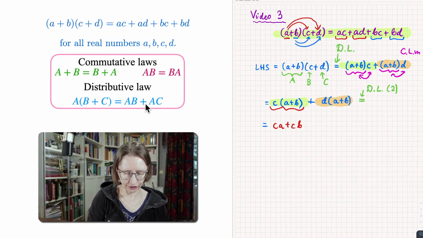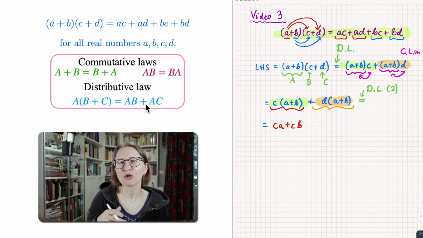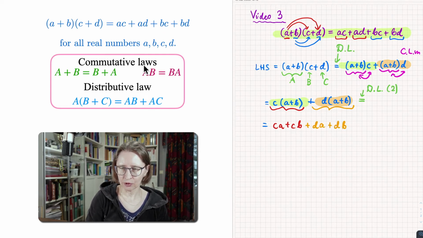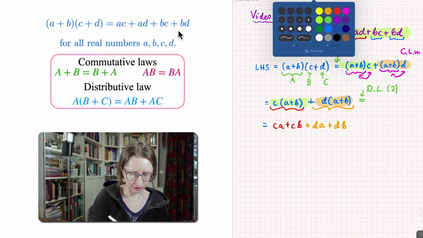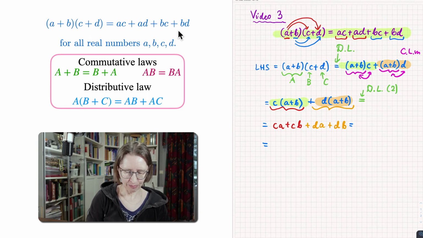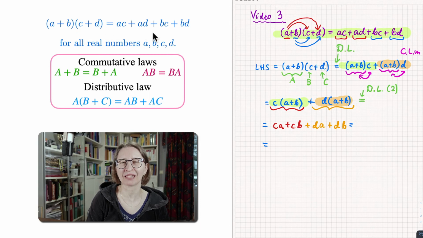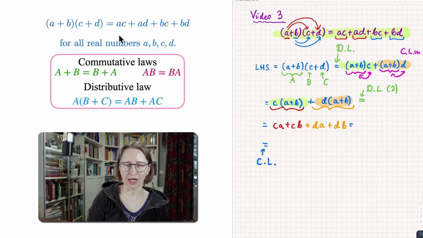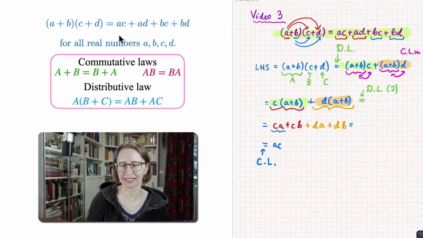And the second part here, according to the same distributive law, is equal to dA plus dB. And now you see, I'm almost there where I had to arrive, but well, I see that I will need the commutative laws for both multiplication and addition. Commutative laws again, because here I have in my formula AC and here I have CA, but CA and AC is just the same.